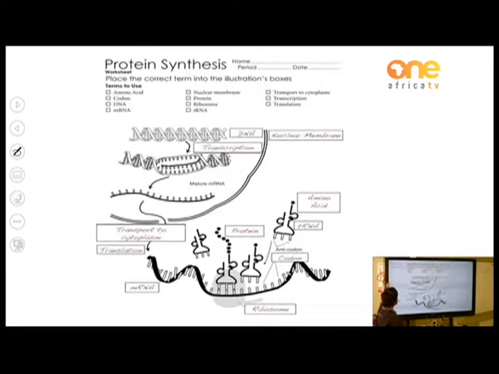So without wasting too much time, transcription, get the copy. Get the copy but in a complementary form. And now moving out into the cytoplasm, and now we have translation where the anticodon attaches to the codon.